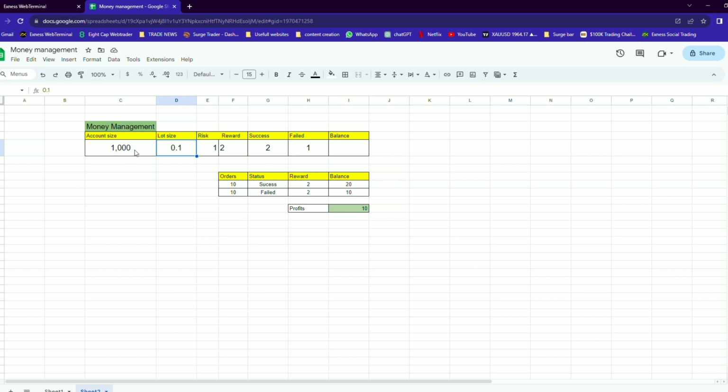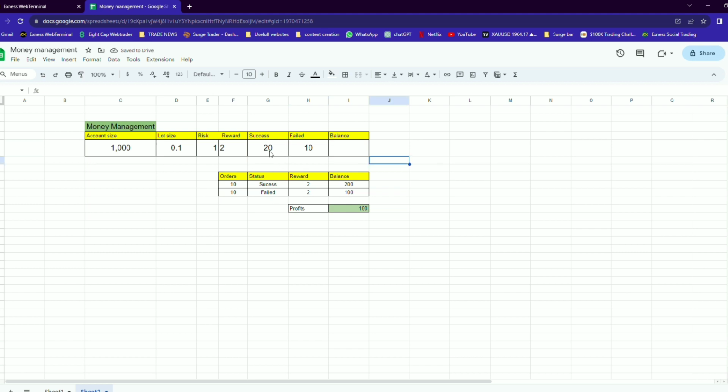Okay, so if you have a $1,000 account and you place 0.1, it means right here you will have, on a risk of 1 to 2, your 20, and you will have your 10 if the order fails.